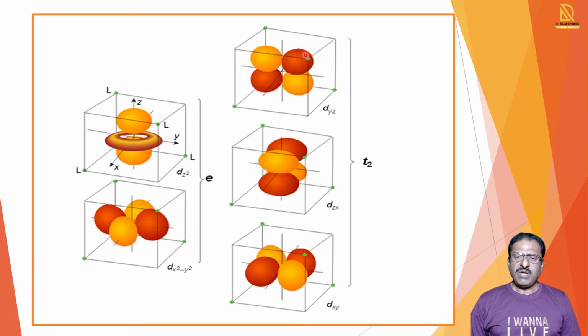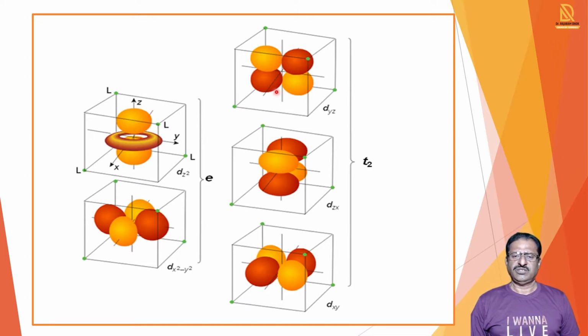You see here by green color, these are the given positions of ligands. Another ligand is here. Then the other two ligands are at the lower side, at this corner and this corner. In this way, the 1, 2, 3, and 4 ligands are located at four corners of the cube.